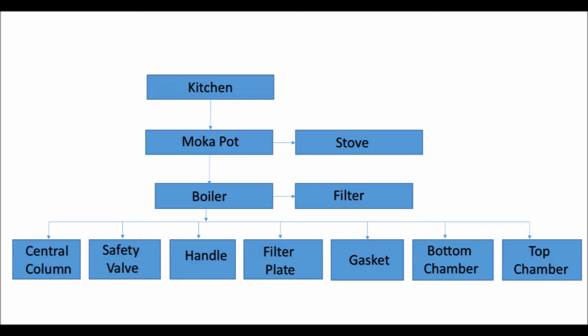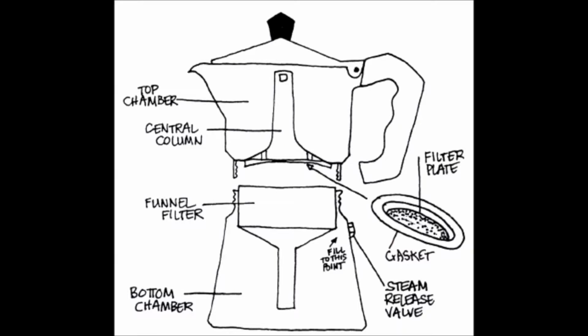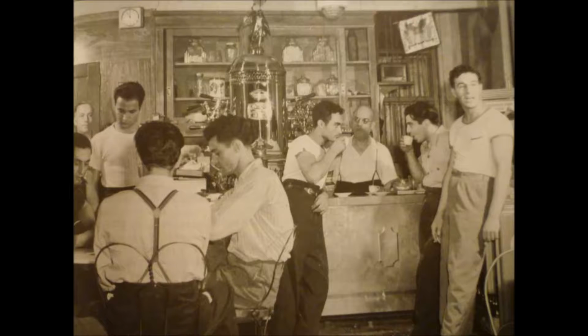Its subsystems would be the boiler and the filter, and these subsystems are composed of different elements that work to produce the wonderful espresso this marvelous system makes. Essentially, our elements are the filter plate, the central column, the steam release, the gasket, the handle, the top chamber, and the bottom chamber. I will now talk about the moka pot's development life cycle.